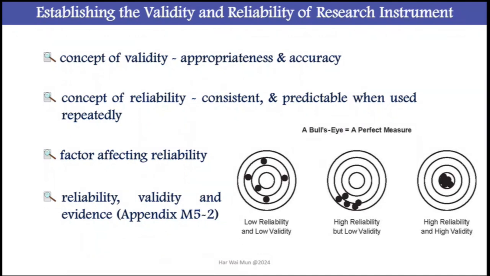Physical setting is another one, and respondent mood. If we use an online survey, there is always this problem: we just blast out the survey with a nice email, hoping you will help me with my research. It will take only about 5 to 10 minutes. But you cannot control when the respondents do it or what condition they are in.